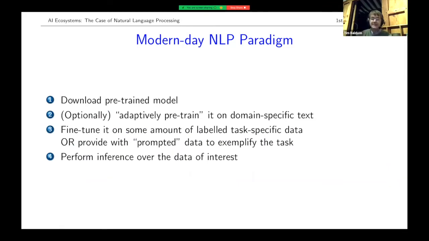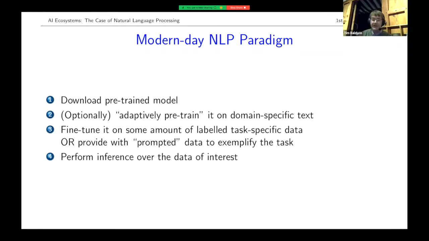So given that, pre-trained language models are very much at the core of the modern day NLP paradigm, in that the recipe to perform a large variety of NLP tasks, as we had in the earlier slide, is you go to Hugging Face or whatever your favorite repository of different large language models is, you download a model, you optionally do some what's called adaptive pre-training, as in you do more of the pre-training on some domain-specific text to better attune it to that particular text.